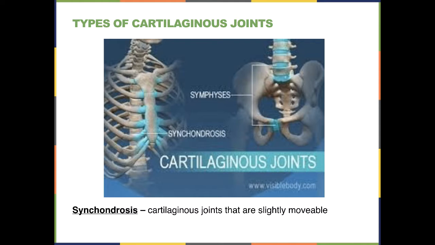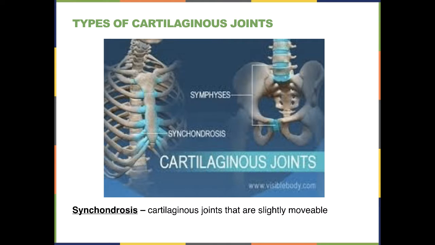A synchondrosis is like the previous example between the radius and the ulna, where there is some small amount of movement that's allowed. In this case, it's the costal cartilages of the ribs that is an example of a synchondrosis. The ribs can move up and down, and they can move modestly in and out, that allow for us to breathe, and so this joint is slightly movable.